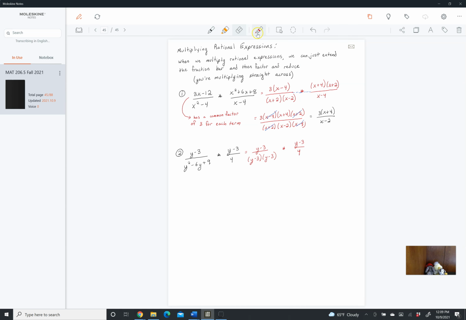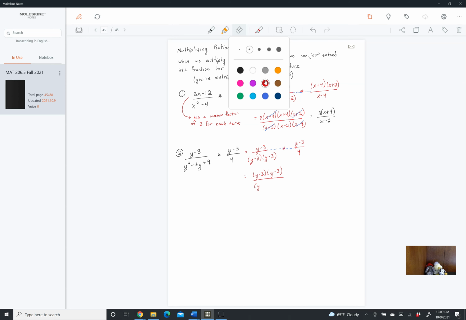We can extend our line. And again, I'm writing the extra step here. That means that we have y minus 3. Notice now it's in parentheses because I'm combining it with the other y minus 3.